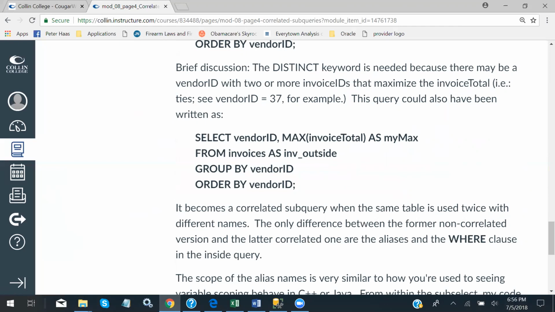Pages 196, 197, and 202 and 203. Pages 196 and 197 are the reading, and then further than that, pages 202 and 203.